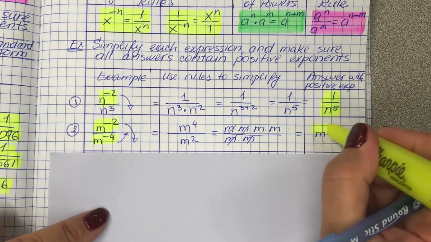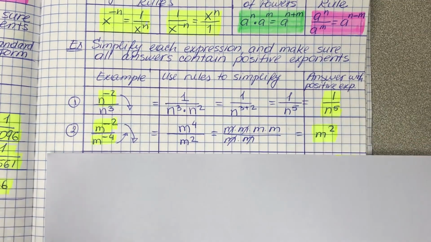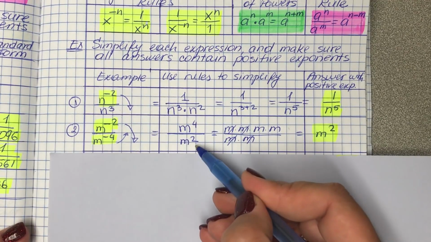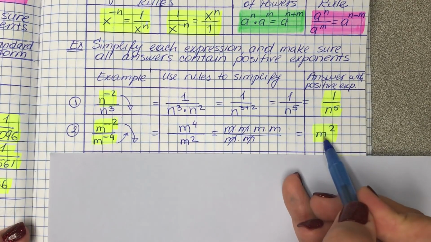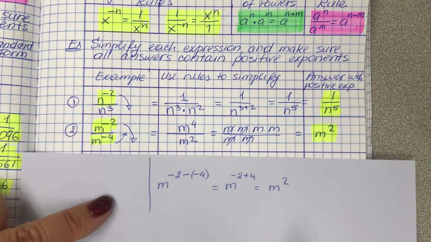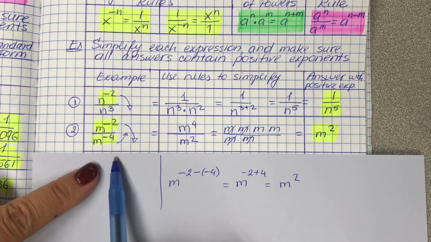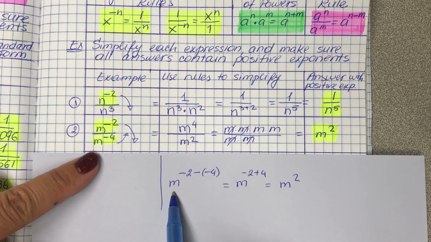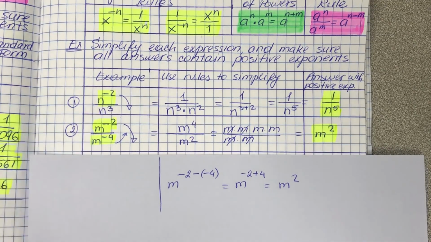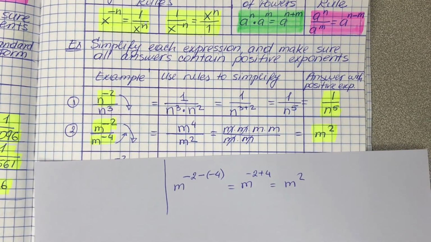So now, the more ways we learn, the more options you're going to have to solve. Or m to the 4th over m to the 2nd, 4 minus 2 is still m to the 2nd. In the original example, when I used the rule to start from, we kept the base and subtracted the exponents, and we still got m to the 2nd. So there are a few different options for you to choose from.